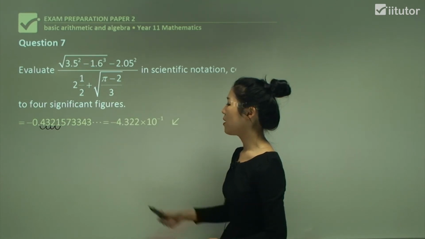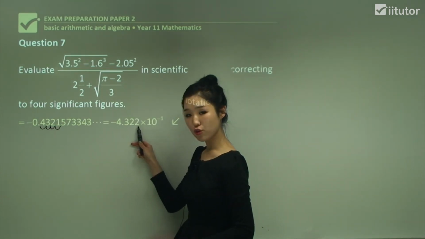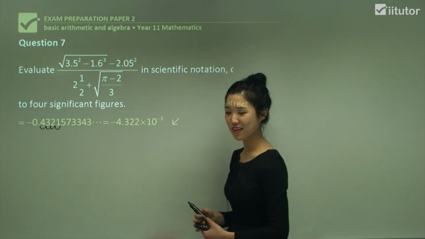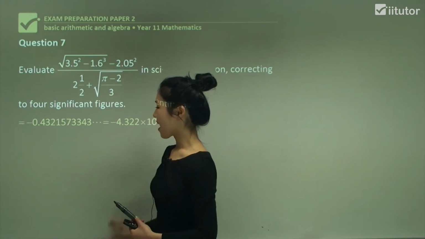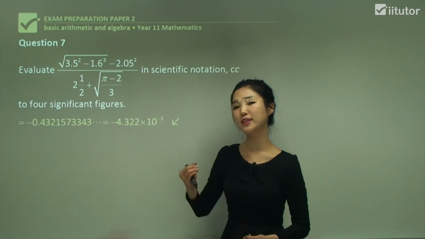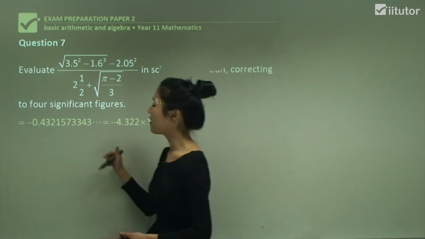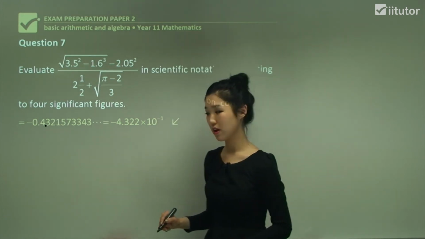So this will become negative 4.322. And for those who are wondering why, if I go on too quickly, sorry. Remember, as I said before, I want to have the decimal point after the first non-zero number. In this case, I want to have it after 4, because that's the first non-zero number.